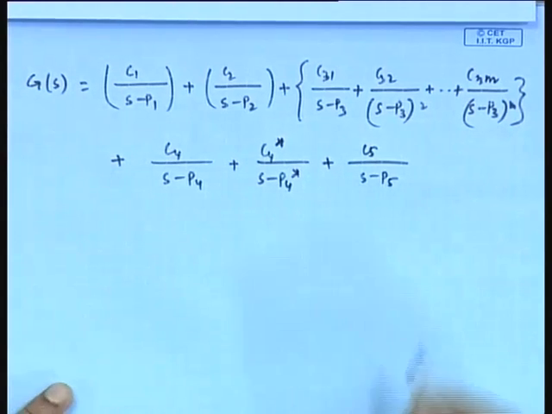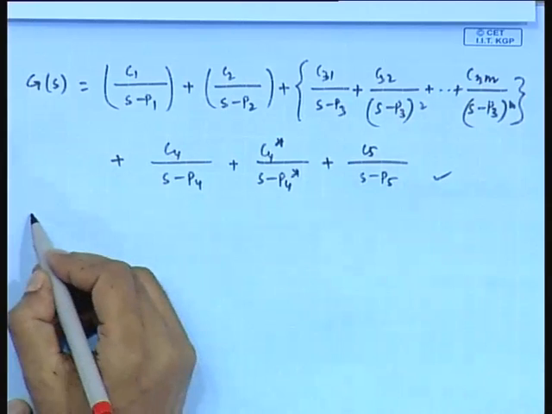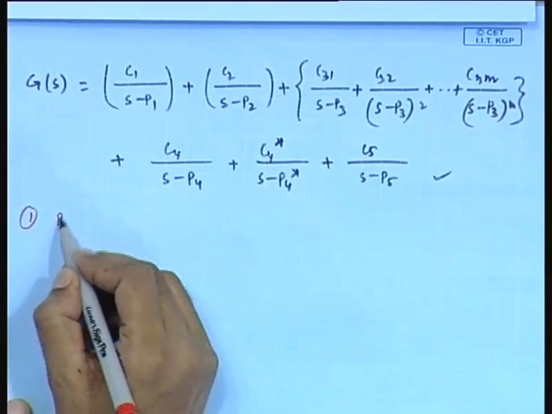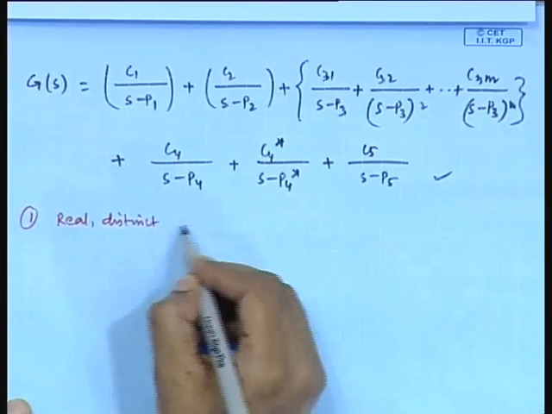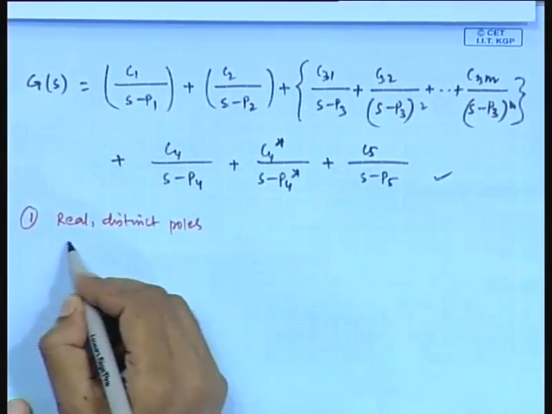I have written that general form in this equation. Fine. Next we will consider the first case, that is real distinct poles. So, in case 1 we will consider real distinct poles.